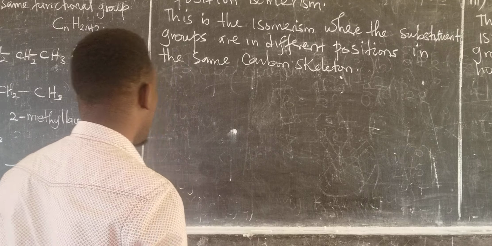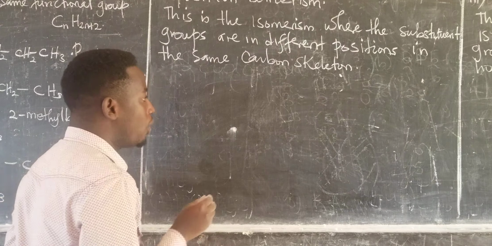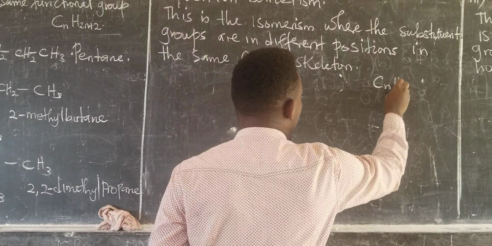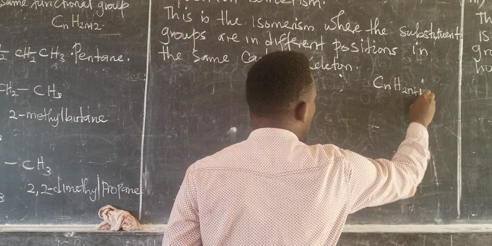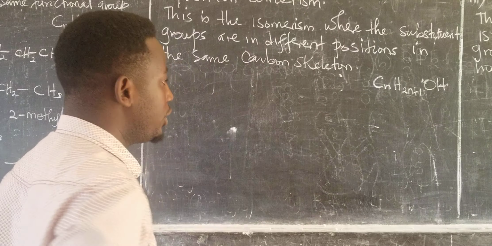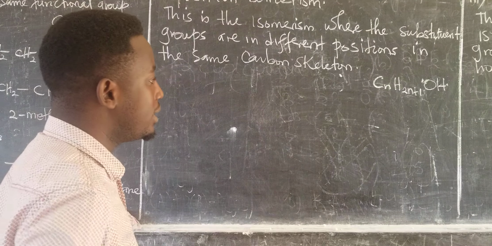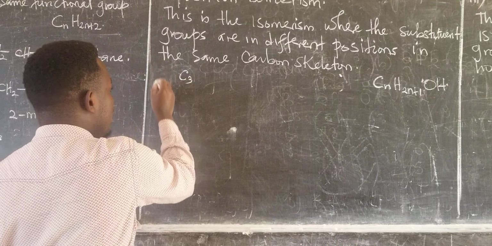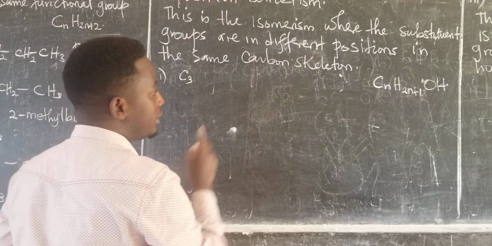And an alcohol I can use, remember we say the alcohols are of general formula CnH2n+1OH. So I can begin with when n is 3. That would be C3. This is our first example.